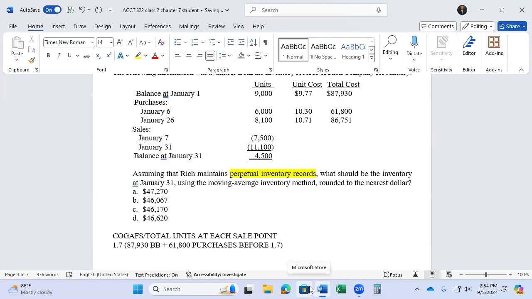We divide that by our total number of units, 9,000 plus 6,000. So we end up with 149,730 divided by 15,000. Again, make sure on your homework to carry this calculation out. I'm only going to go out a couple digits here, but I get 2 per unit.